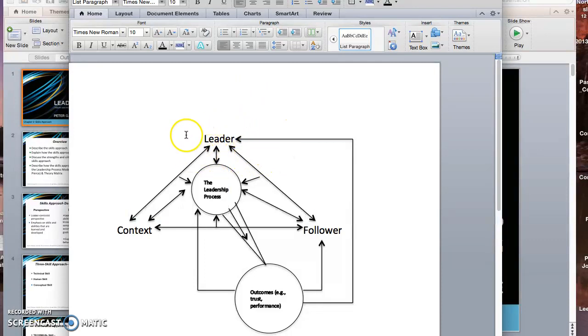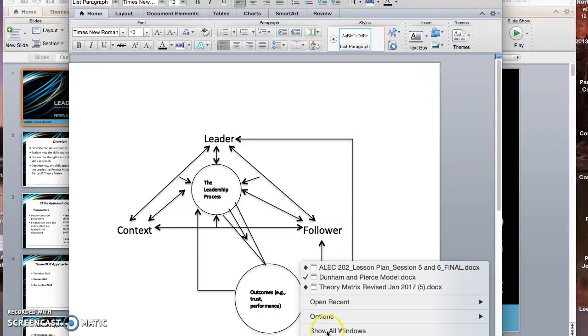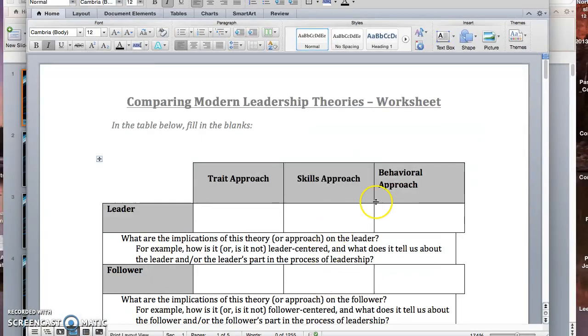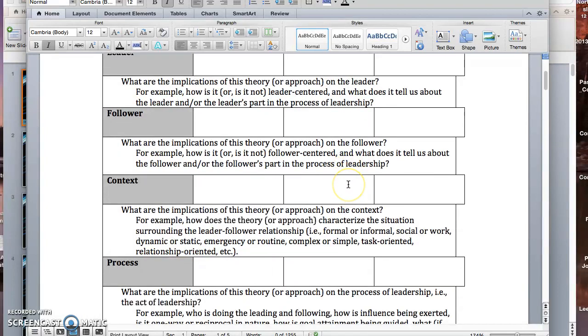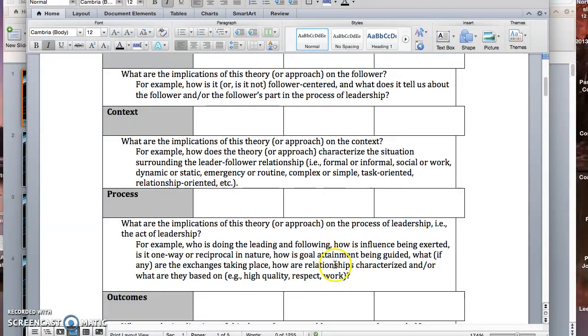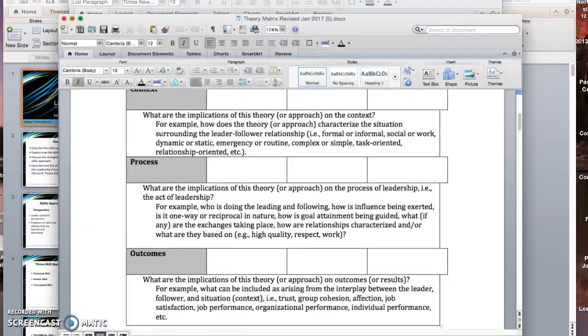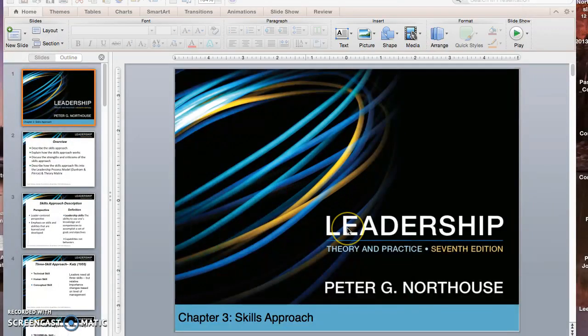And the skills that the leader can develop, it's less about the follower and the context. It does involve some of the leadership process, because some of these skills, like the interpersonal skills or problem-solving skills, do help influence these outcomes. So when you go to your theory matrix again, you're taking the skills approach and asking, what are the implications for the leader, the followers, the context, the process of influence, and the outcomes. So that is the skills approach.